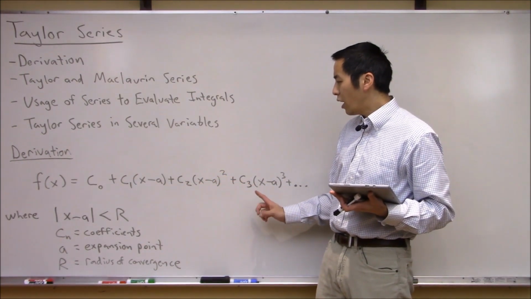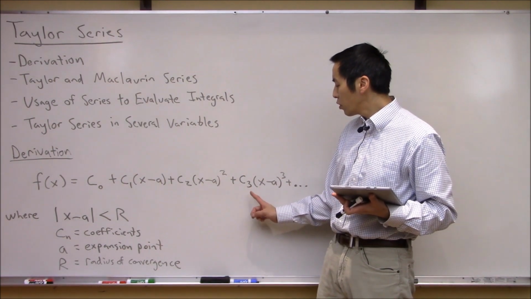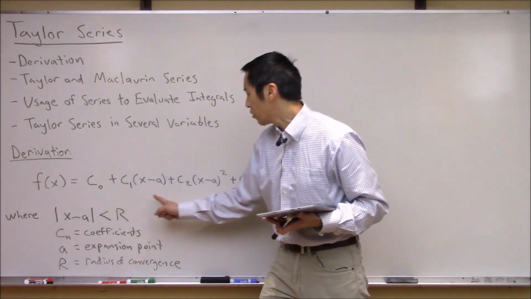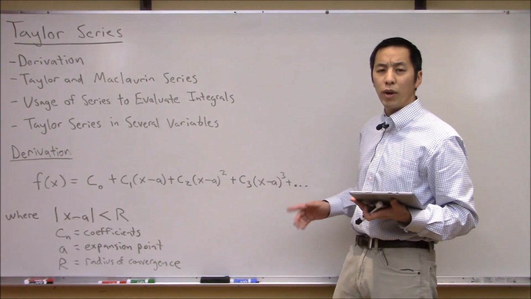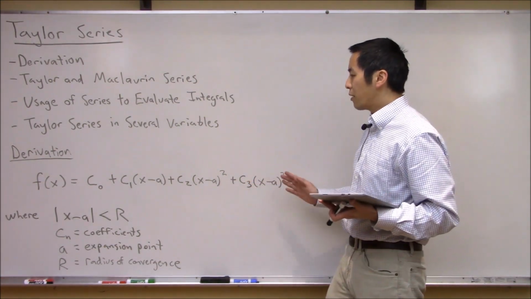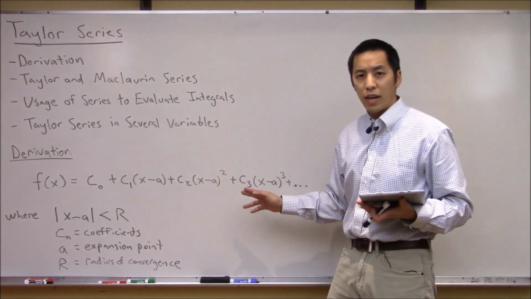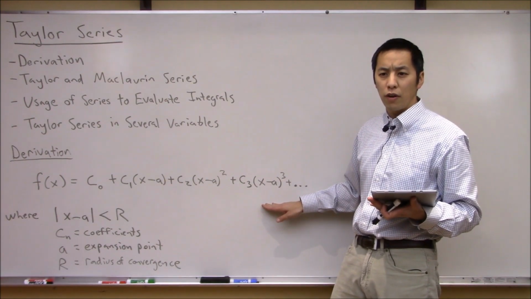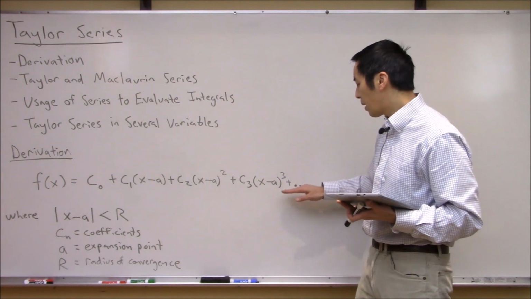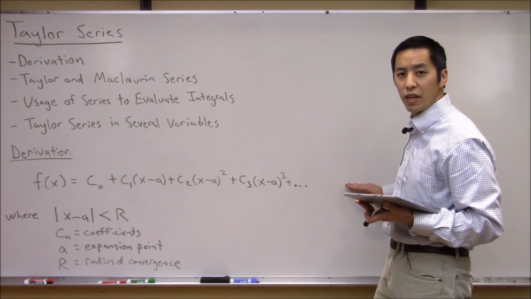What's unknown about this power series is the coefficients, namely C0, C1, C2, C3, all the way up to C infinity, that will make the left-hand side equal to the right-hand side. This is just a generic definition of a power series, and the power series usually goes off to infinity.